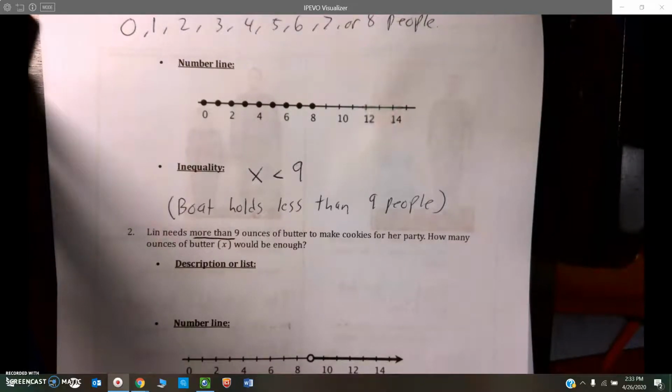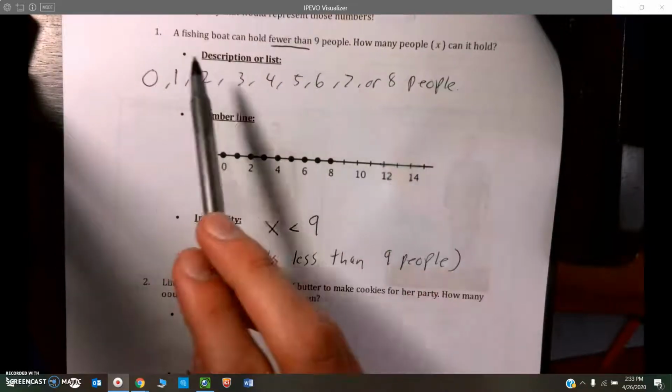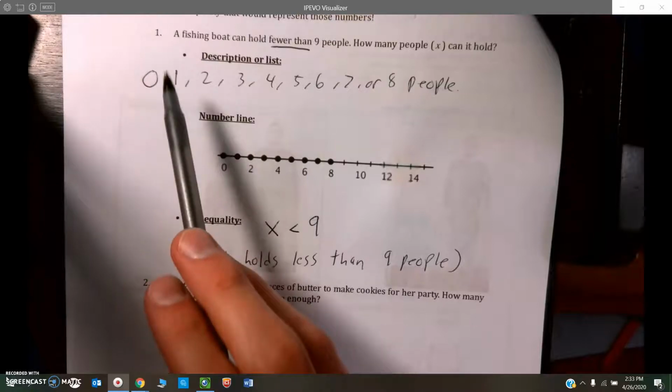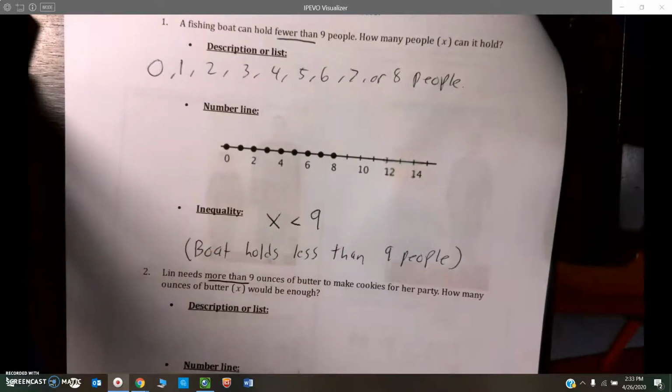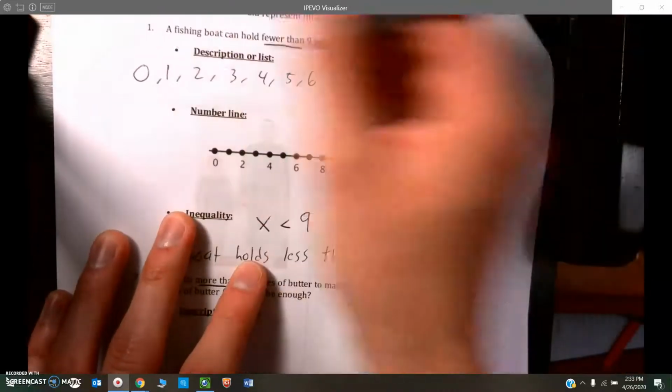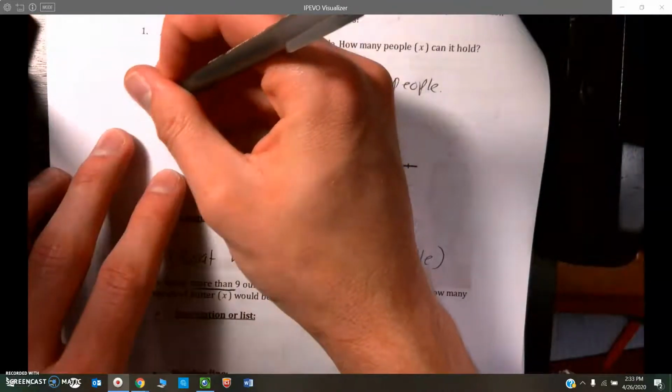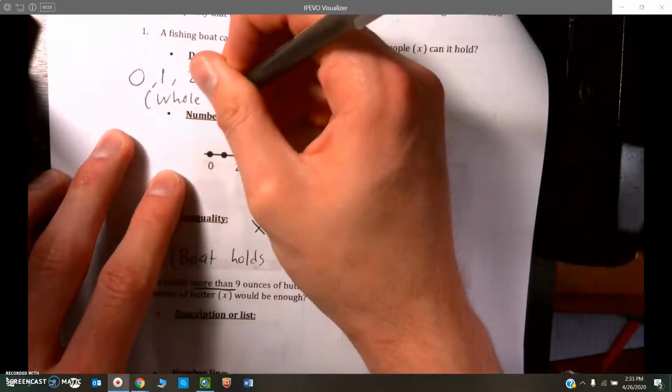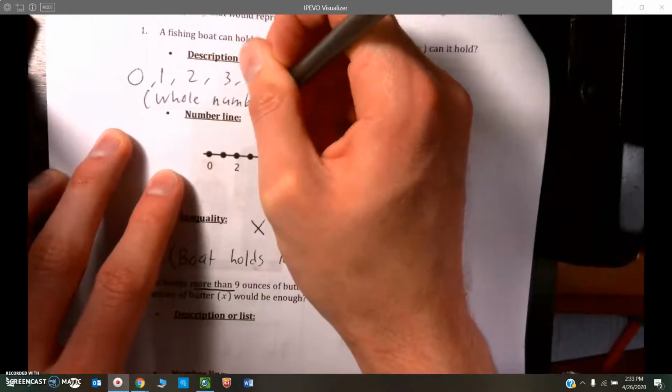Right? Are weights always perfect to the exact ounce? No. With people, there's only such a thing as 0 people, 1 person, 2 people. There's no such thing as 35/100ths of a person. So for this list, it was whole numbers less than 9.